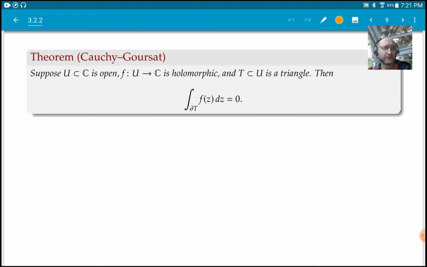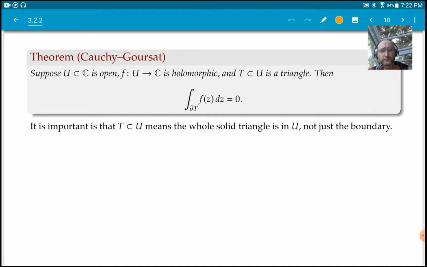So here is the theorem. Here is Cauchy-Goursat. Suppose that we have some open U. We have a holomorphic function f on this open set U, and we have a T inside U, a triangle. Then what we get is that the integral around the boundary of this triangle of f with respect to dz is 0, right?